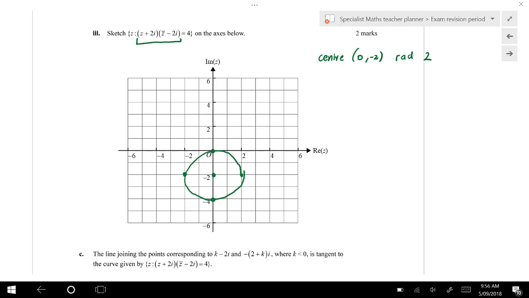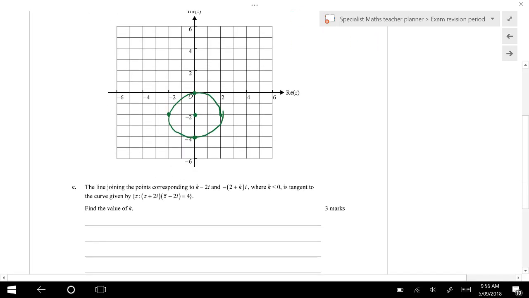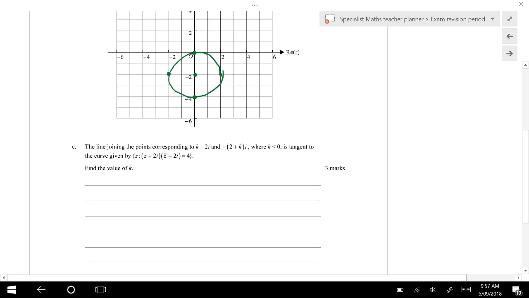Now, here's the tricky part to the question. The line joining the points corresponding to this, blah, blah, blah, k is less than 0, is a tangent to the curve. Pretty ugly, isn't it? But first of all, what we can say is, what is k minus 2i? k minus 2i is basically the Cartesian coordinate (k, -2).